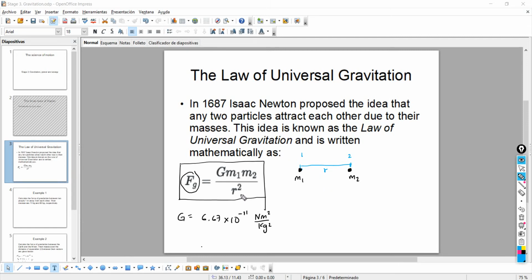You might think, why didn't they just write a D for distance? I don't have a good answer for that. It's been known as R for so many years, so there is no real purpose to changing this variable. So R means the distance of separation between the two particles.